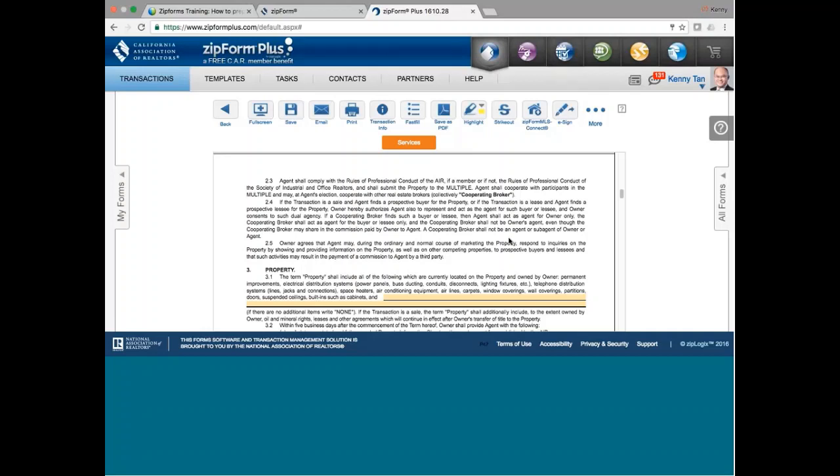In the CAR form, once your listing expires, and if this buyer does not close escrow, you are at risk of losing this listing. You do not get extra time with the CAR form, right? Because with the CAR form, on April 1st, my listing expires. If for whatever reason this buyer failed to close, my listing had expired, and I do not get extra time, unless the client wants to give me extra time, right?